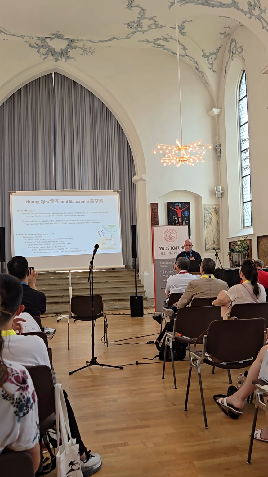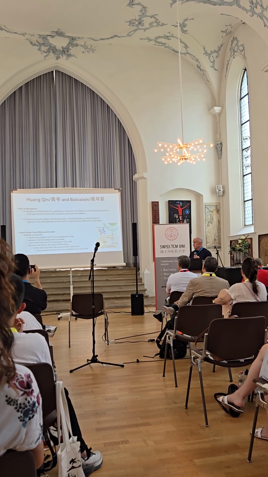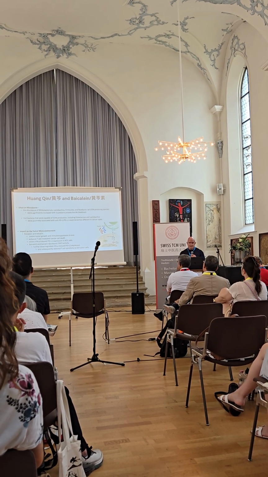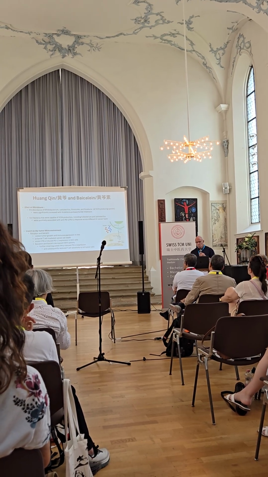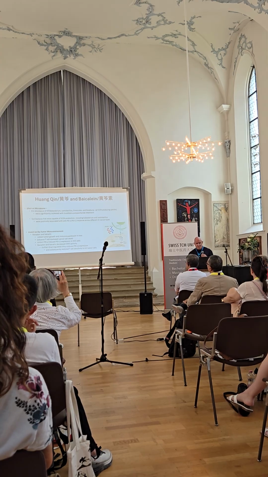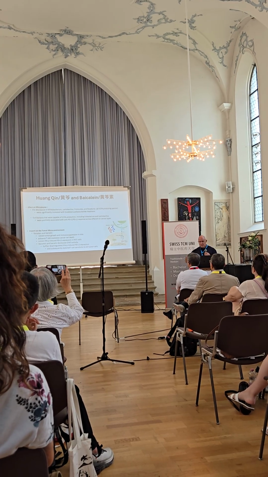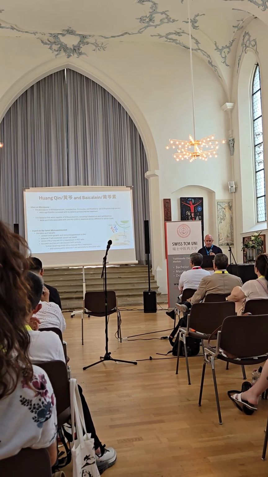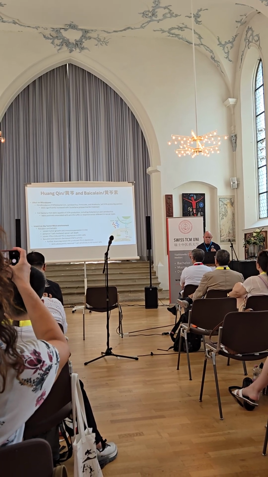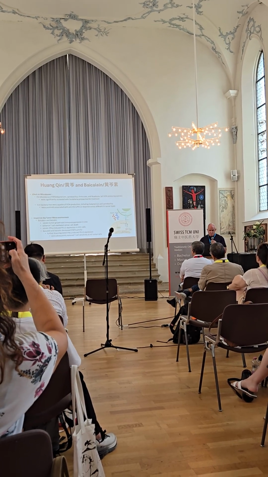A lot of the research looking at Huangqin is typically done through the lens of the isoflavones, Baicalin and Baicalein. Baicalin is with the sugar attached, the glycone form, and it goes through the intestines and is absorbed. The sugar is removed and it is converted to Baicalein, so Baicalein is more bioavailable in the system.